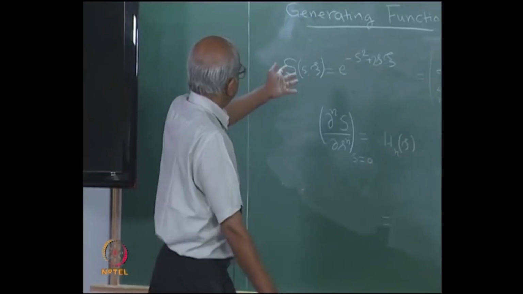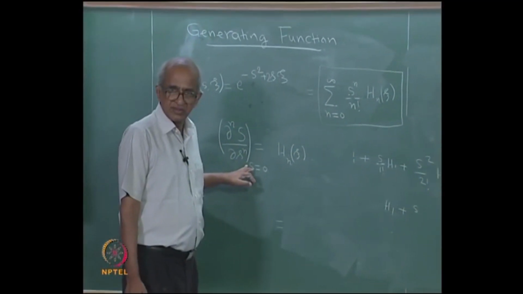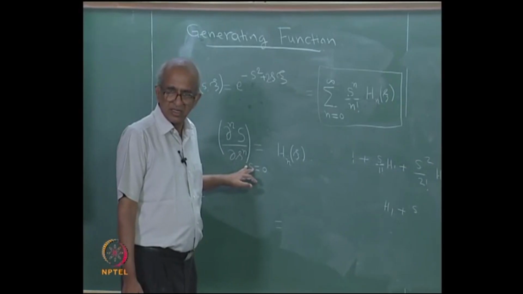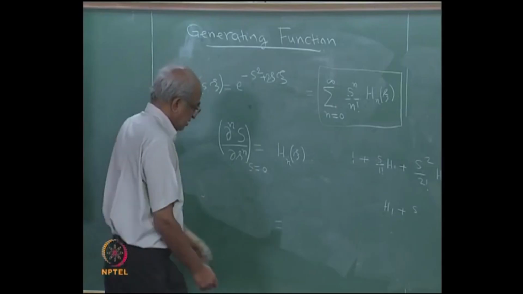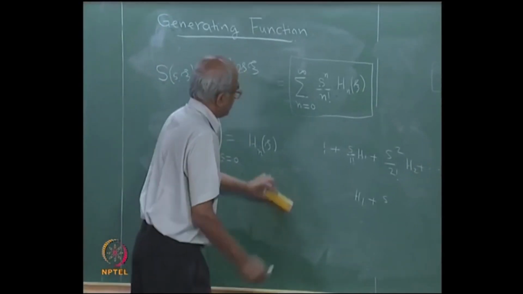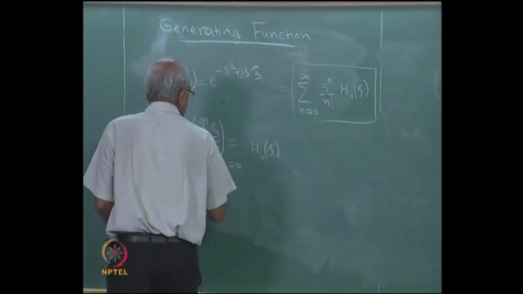You just have to take this function, differentiate it n times with respect to s, correct, put s equal to 0, you are going to get hn. But that is not the nicest thing actually. The nicest thing is a formula that I am going to show now.